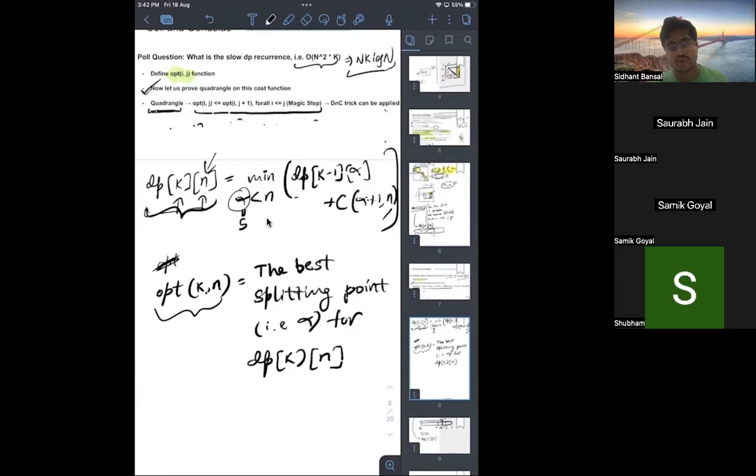In those scenarios, a lot of times you'll store this opt array, or name it something else, but conceptually store where all you did your splits to get the best DP, and then backtrace your answer from that. It's a common enough technique, I think. So is the opt function's definition clear? If you want to think about it more mathematically, it's the argmin for this recurrence. That is, where did this argument hit the minimum value?